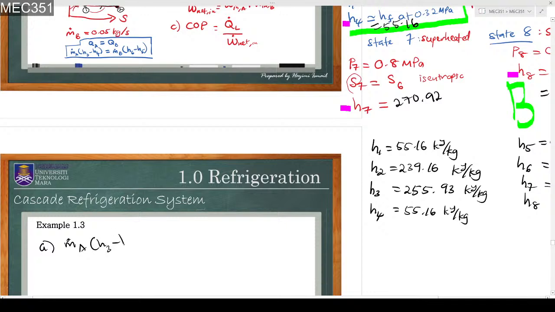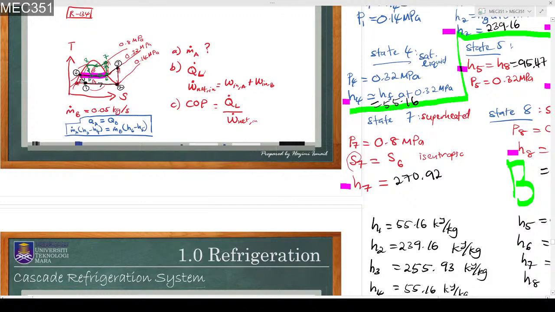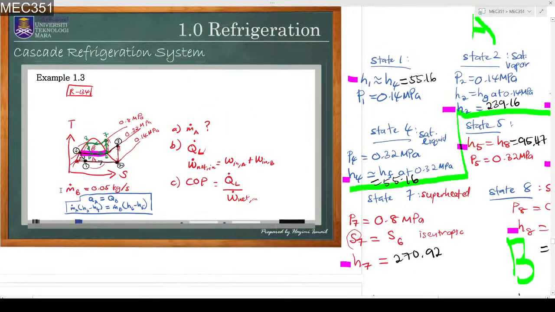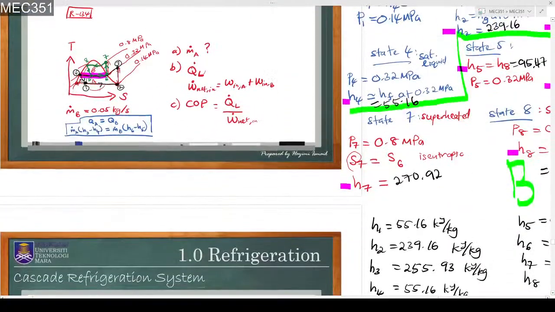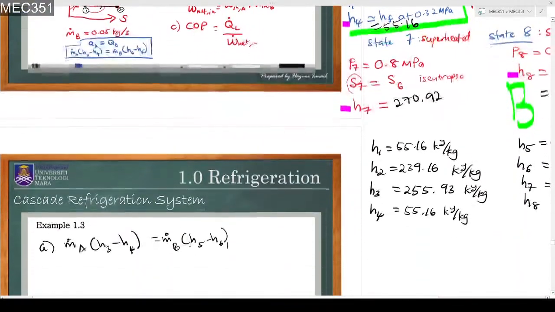H3 minus H4 equal to M dot B H5 minus H6. Tadi betul lah saya nak letakkan B ni ke upper cycle, sebab soalan pun dah cakap yang upper cycle 0.05. So saya namakan atas ni B. Jadi yang ni lah nilai dia B, kan, 0.05.